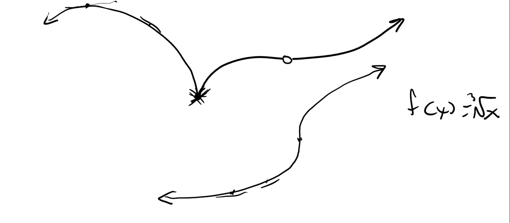Right here at x equals 0 in this case, your tangent line would be vertical. If you remember, the slope of a vertical line is not defined. It's not 0. 0 would be when you have a tangent line that's horizontal. This is undefined, so that is continuous, but it's not differentiable.